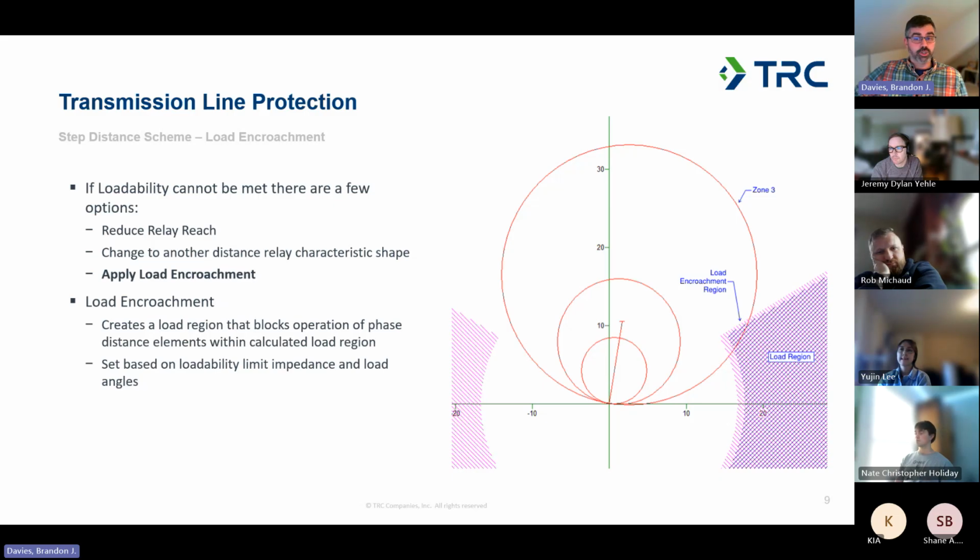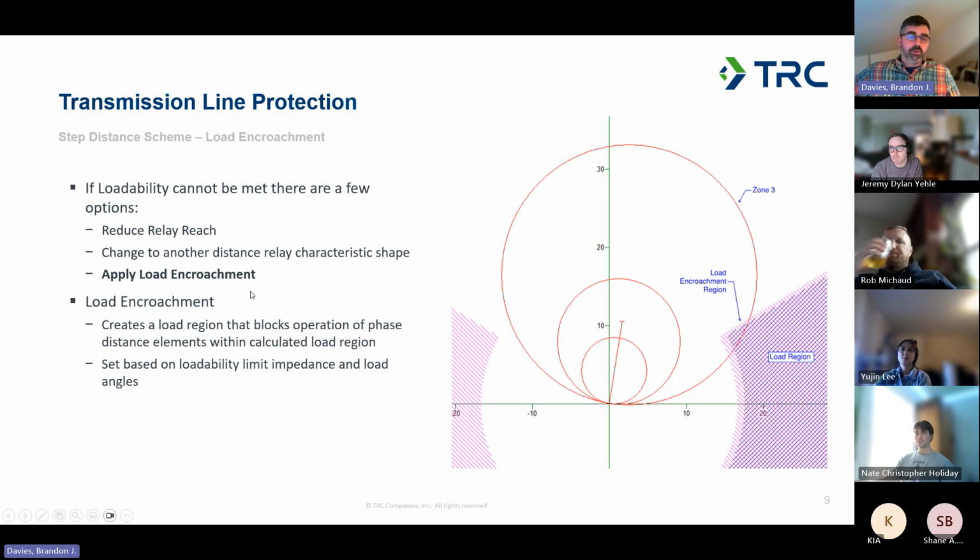Another would be to use a different shape of a relay characteristic. One of the slides further on, we'll talk a little bit about some other types of shapes. There's a lenticular characteristic that's like a lens shape. You can pull in the resistive reach of the element. There's quadrilateral elements that allow you to select your resistive reach, which you could use to move in outside of that load region.